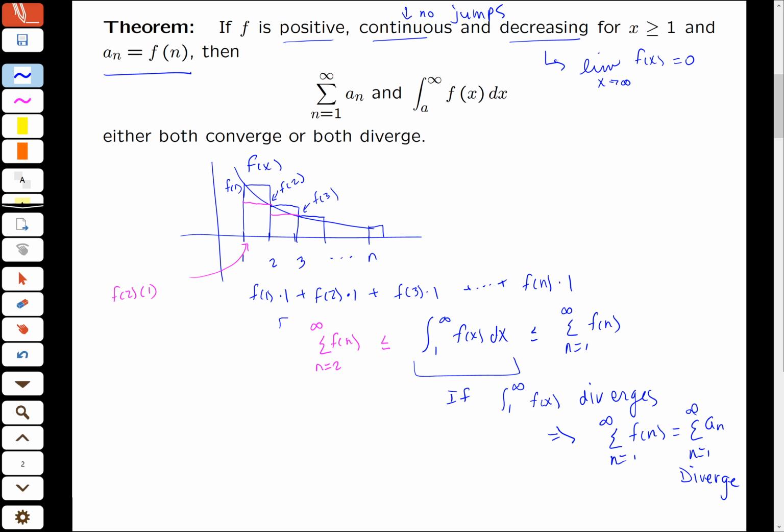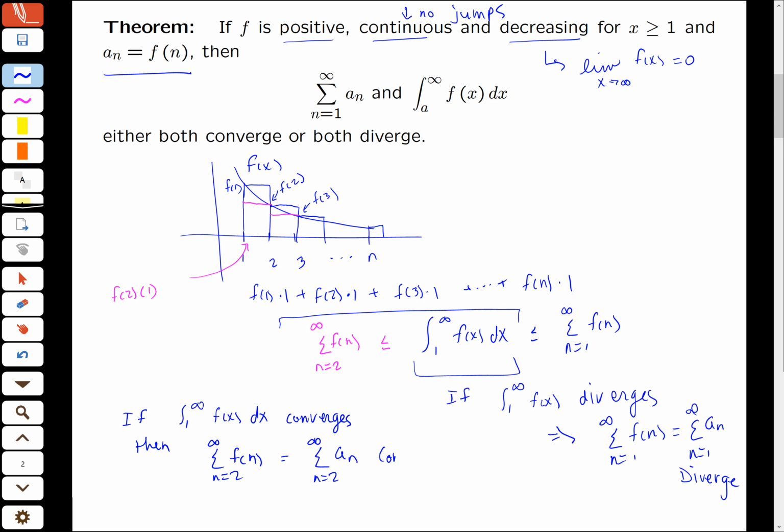On the other hand, if the integral converges, then my series n equals 2 to infinity of f of n, which is just the sum n equals 2 to infinity of a_n, converges.